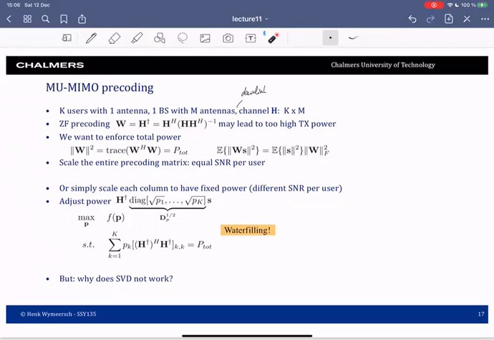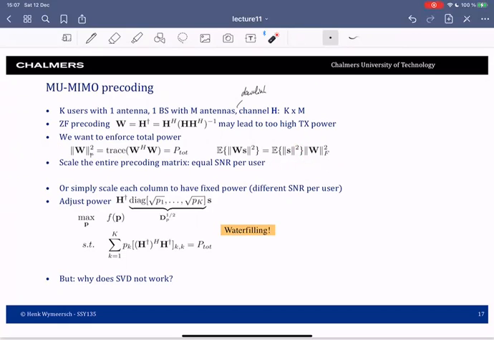So we want to make sure that this precoding does not lead to too much power. So we want to enforce that the precoder by itself, in terms of its norm, this is called the Frobenius norm of this matrix, which is the trace of W Hermitian W, is equal to the total transmit power. And this we do in order to ensure that the total transmit power is constant.